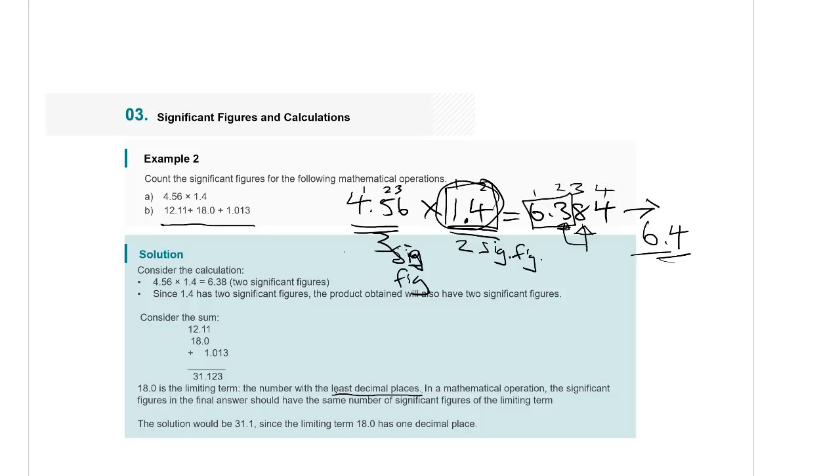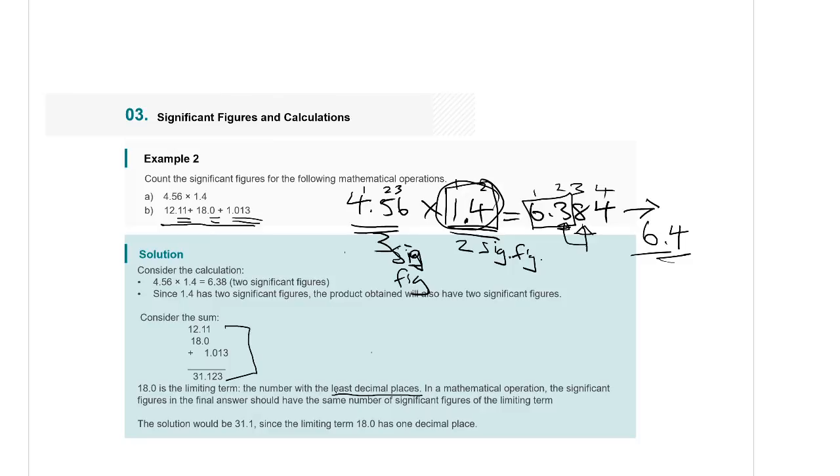Again, the difference between them is the number of decimal places, and when we have more decimal places, it gives you a lot more information. So when we add together, we're going to choose the one with the least decimal place for our answer.